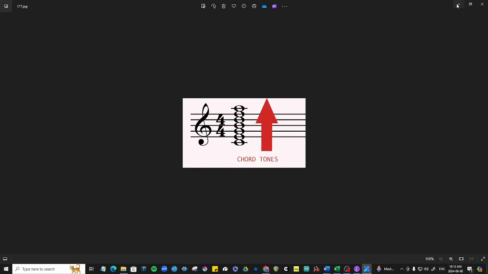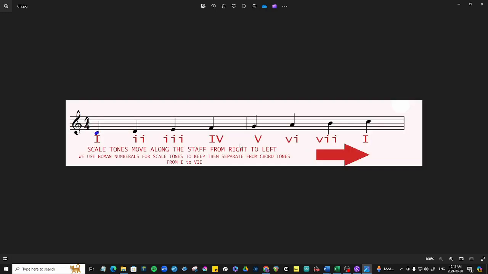Scale tones. So the main thing to understand here is chord tones go up like this, and the number system that we use when we use root, third, fifth is the regular numbers that we use, like all numbers. When we do scale tones, which means the tones of a scale, just going up the scale, C, like do, re, mi, fa, sol, la, ti, do, up a scale, we number those going up using Roman numerals.